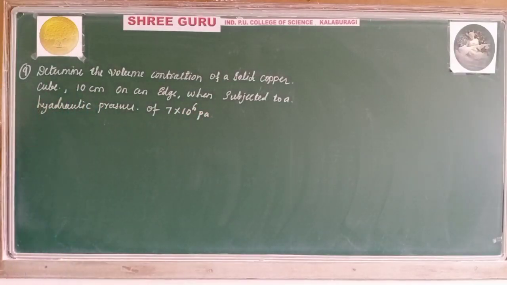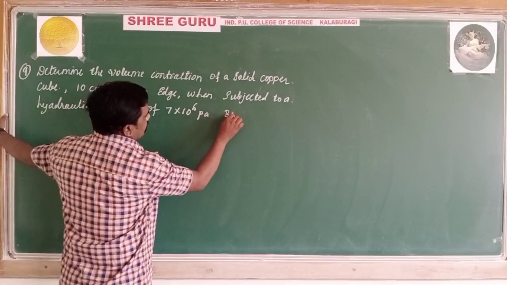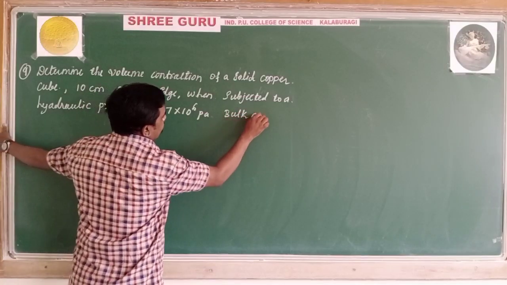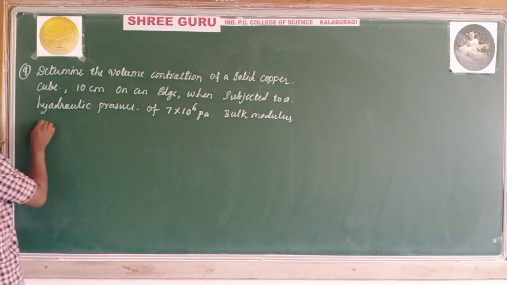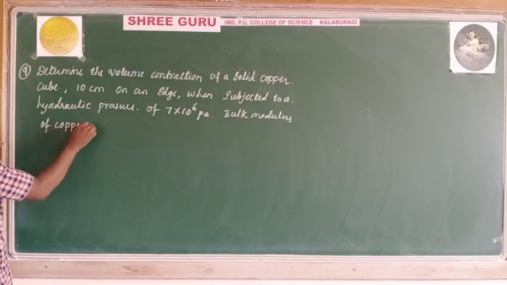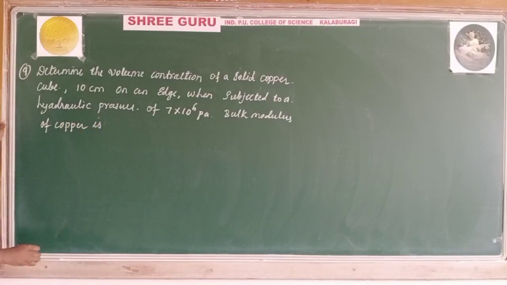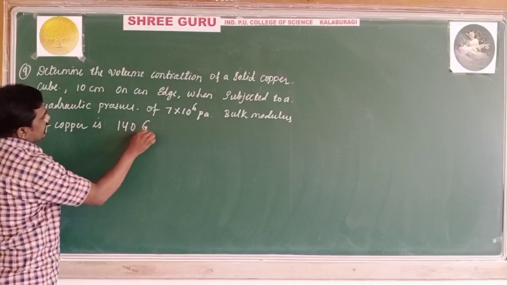The bulk modulus of copper is 140 gigapascal.